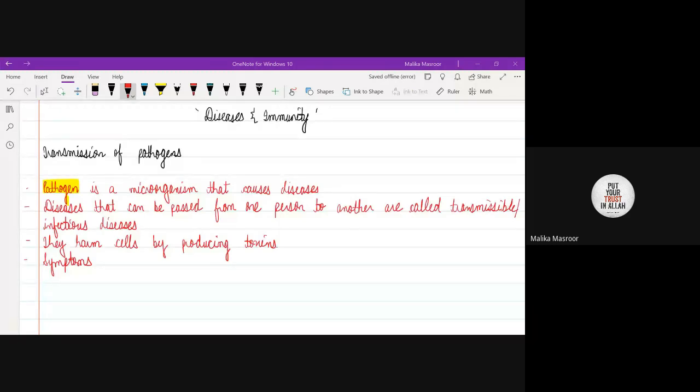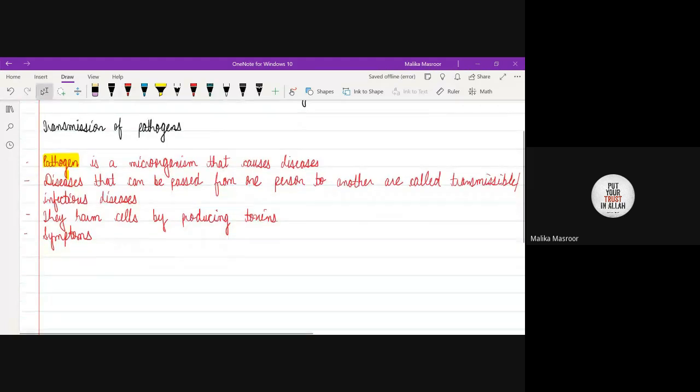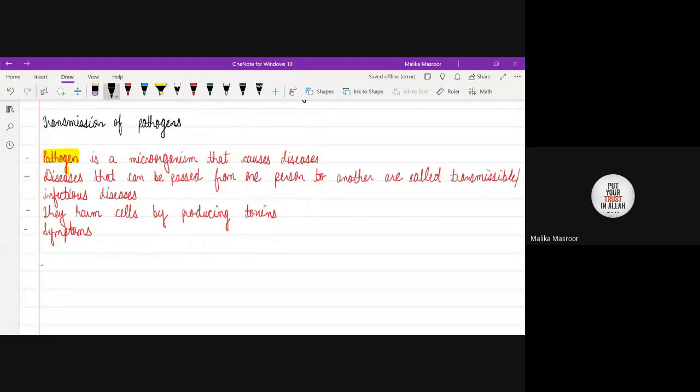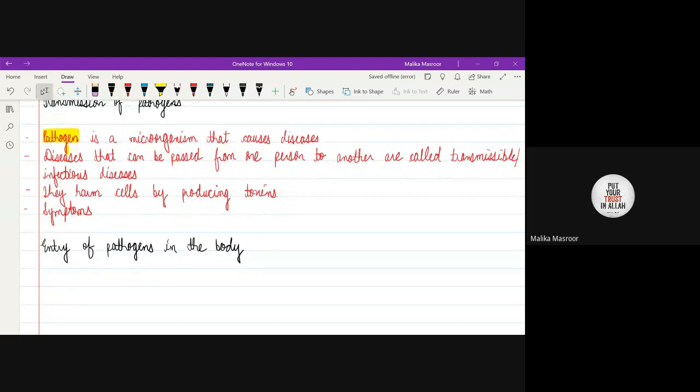Now, entry of pathogens into the body. Movement of a pathogen from one host to another is called transmission. I just told you, transmission happens with infectious or transmissible disease. And entry of a pathogen into the body is known as infection.